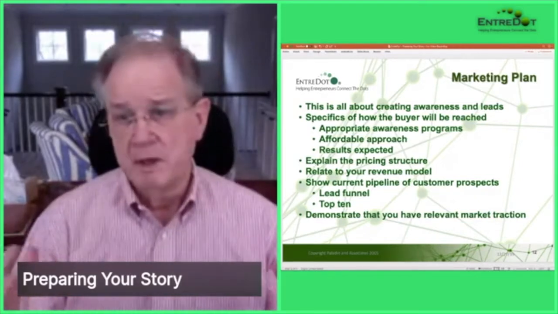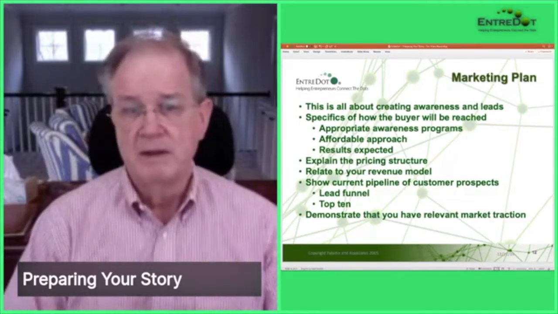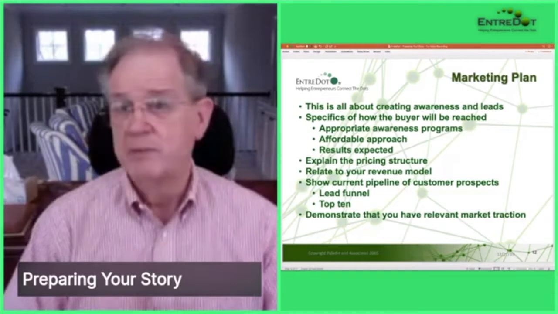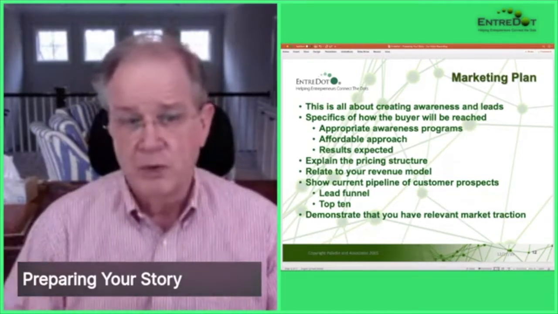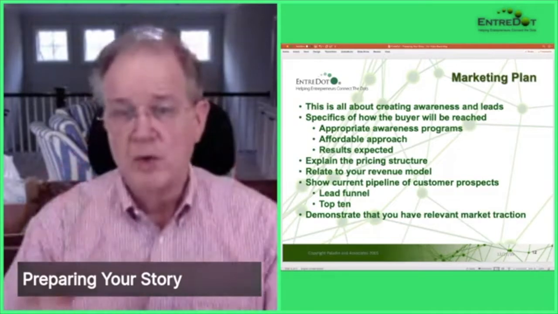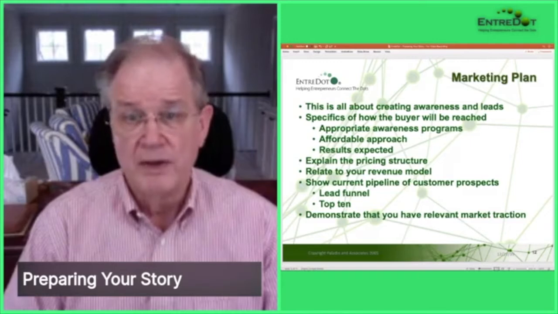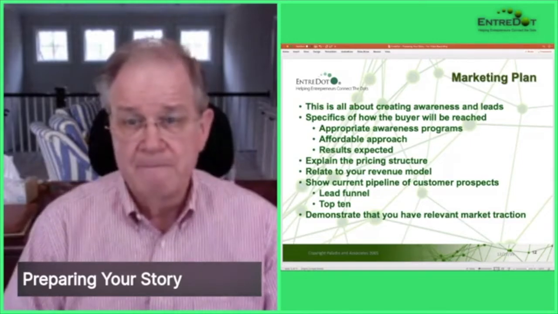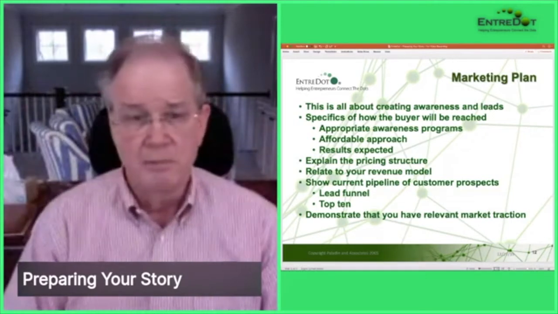So your marketing plan will explain how you're going to reach your buyer through the appropriate awareness programs, whether it's online or email, and that it's affordable, and you know what results you could expect. Be quantifiable about this. Know your stuff. Don't give this kind of a back of your hand, broad brush.